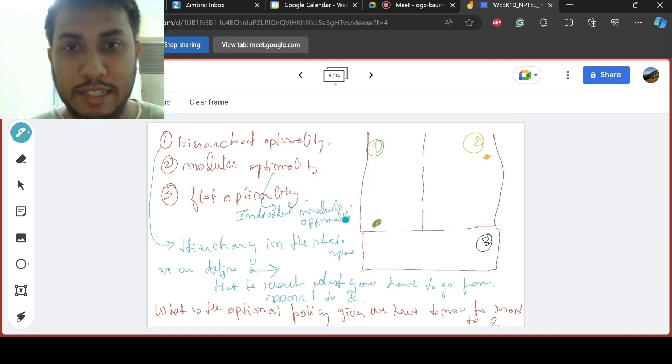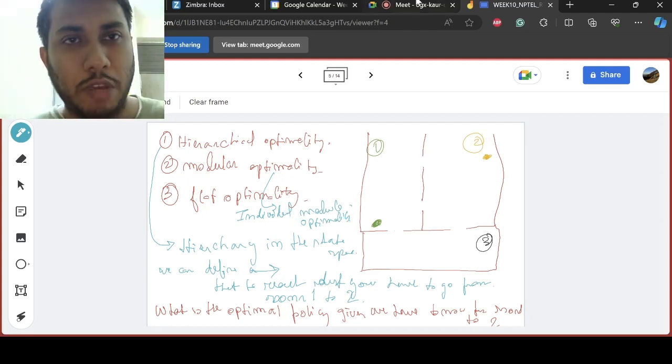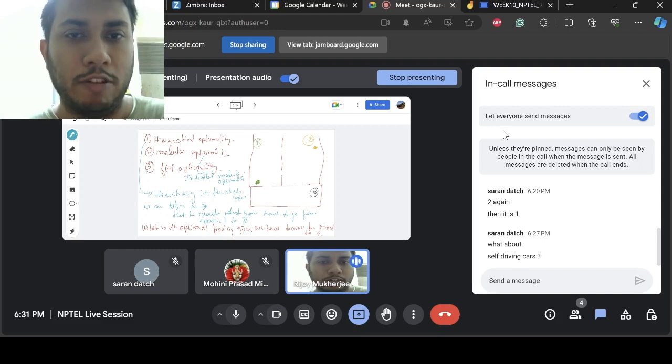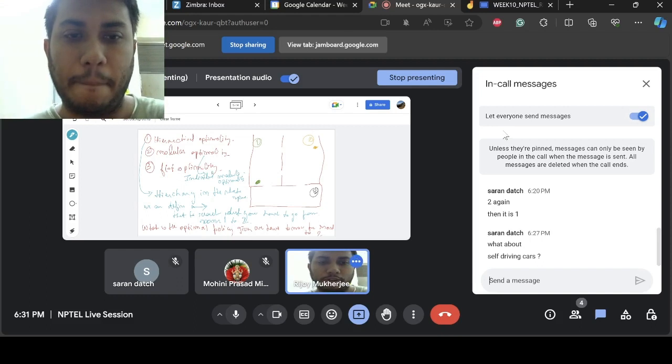So in that sense, we have already defined the task previously. It will assume that going from room 1 to 2, you will find an optimal solution, and then you will try to find the optimal solution from room 2 to the destination.